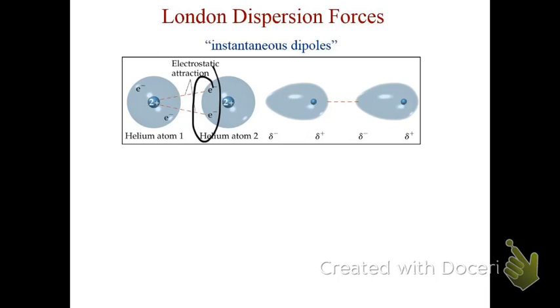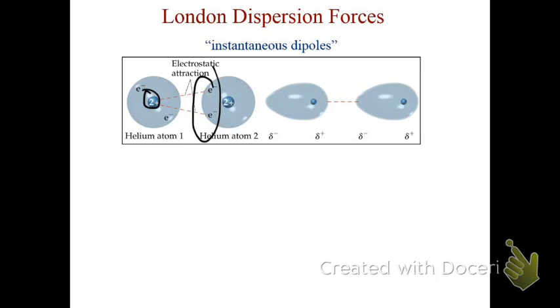This is going to create a slightly negative charge on that side, which is also going to pull a little bit on the nucleus of the first helium atom. This is what we mean by instantaneous dipole. It happens very sporadically, and it just changes how things will look.